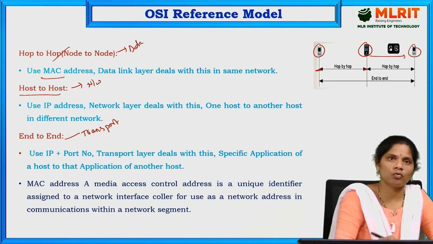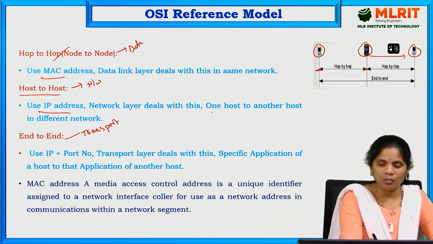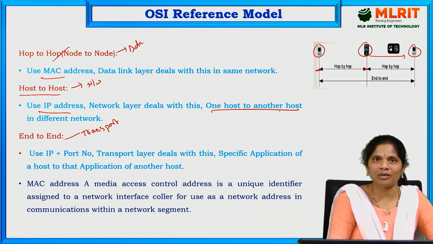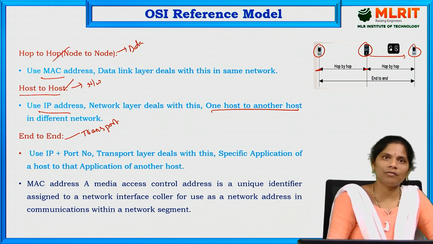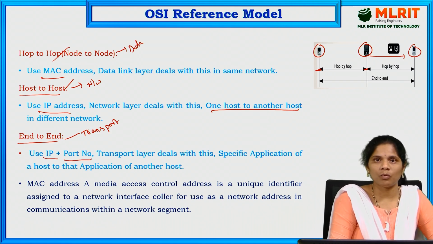Coming to host to host, it means from one network to another network. Mainly it is about the IP address, internet protocol address, meaning one host to another host in a different network. That is host to host in the network layer. End to end uses the IP address and also the port number. We already discussed port numbers.